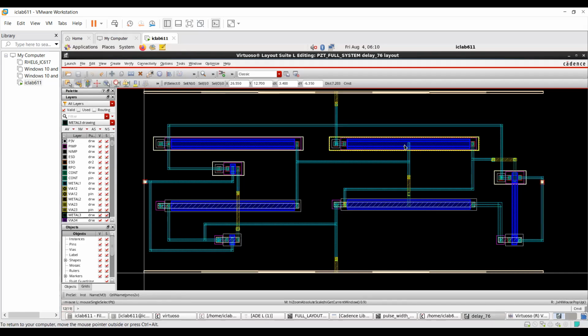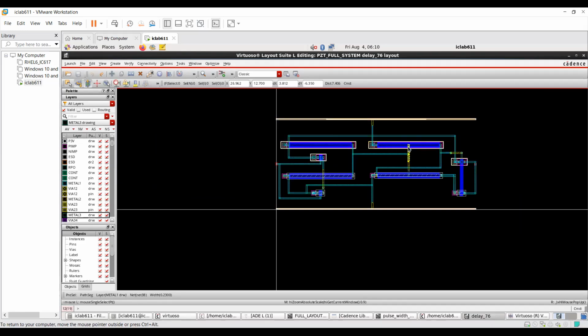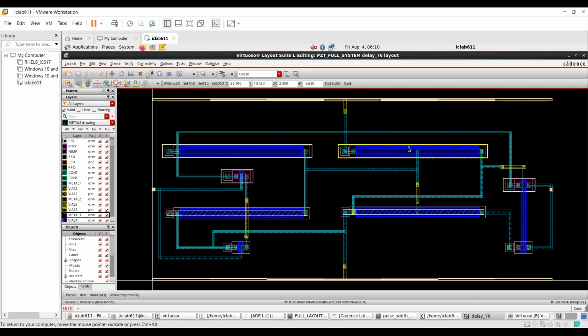Yeah, so if you run DRC and LVS, layout versus schematic, it will be wrong if you use a standard cell, because the standard cell is 5 volt. I told you, right? You have to lay out by your own.